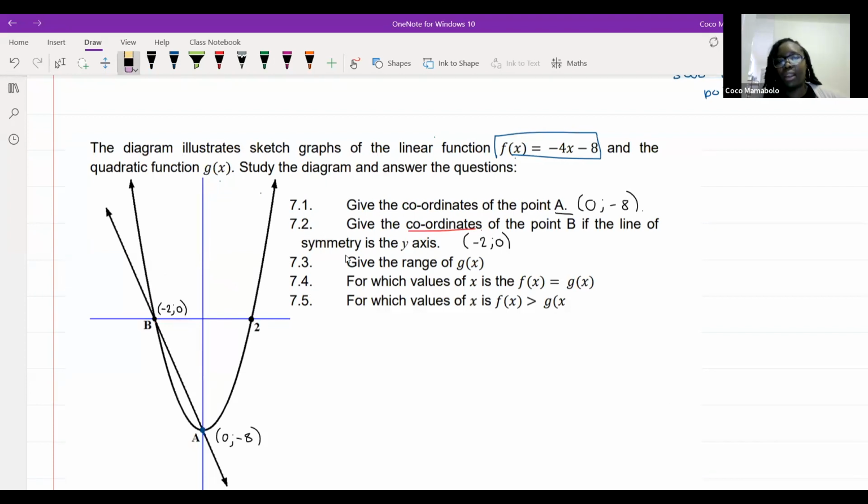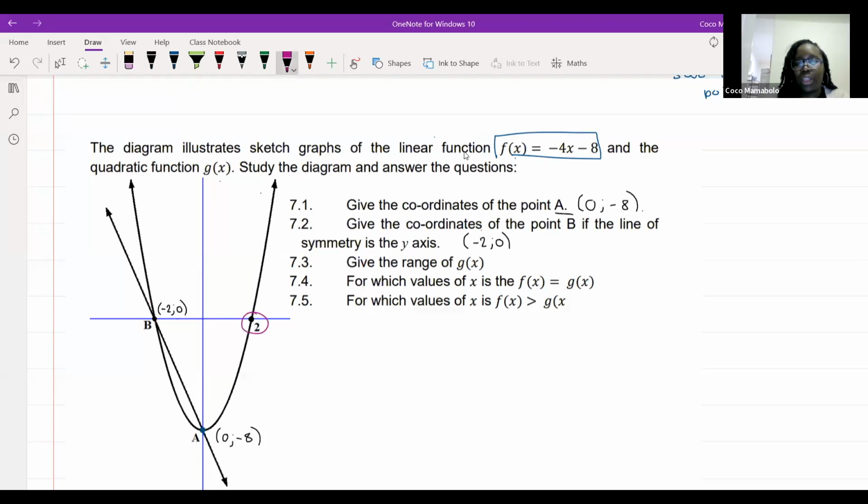Then it says, give the range of g. Remind me again, guys, which values is the range? The range is the y values.